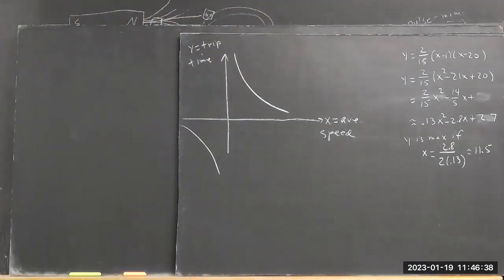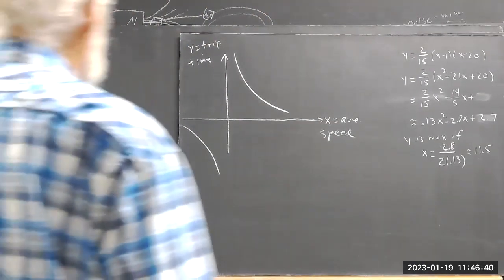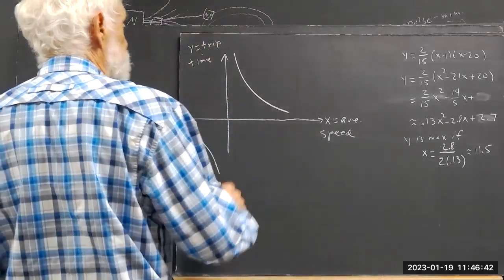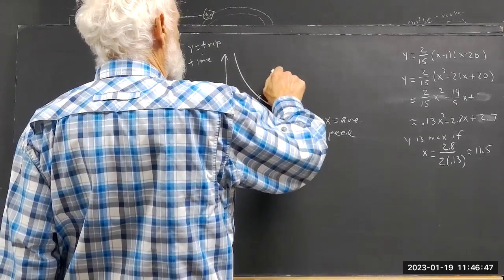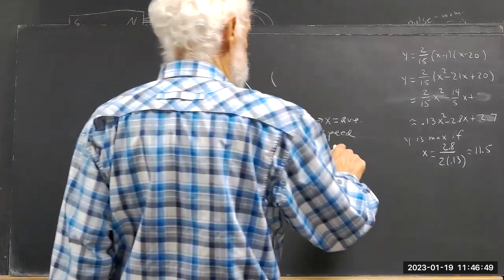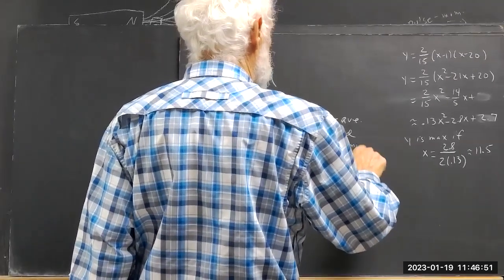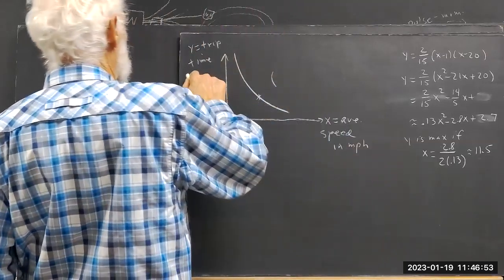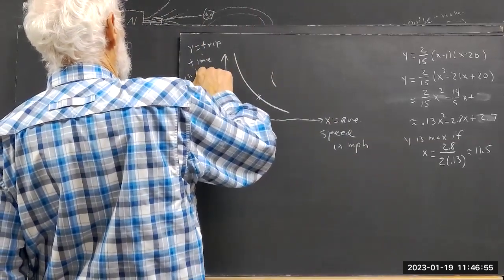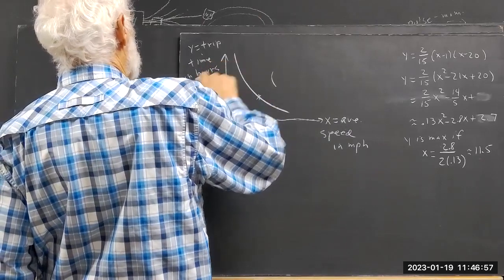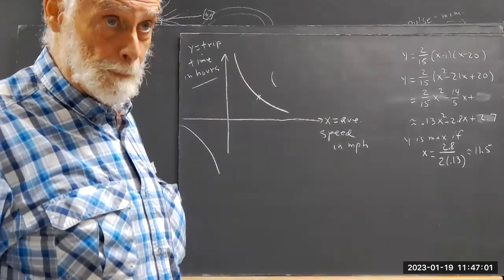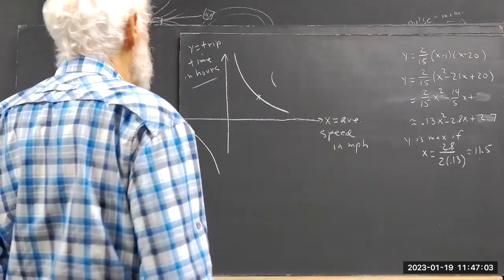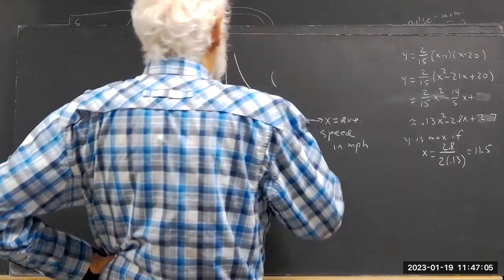Okay. And I'm going to put a point on this graph. Oh, let's say about here. And the coordinates of this point: the speeds are in miles per hour, and the time is going to be in hours. Okay. So I'm going to put the point.